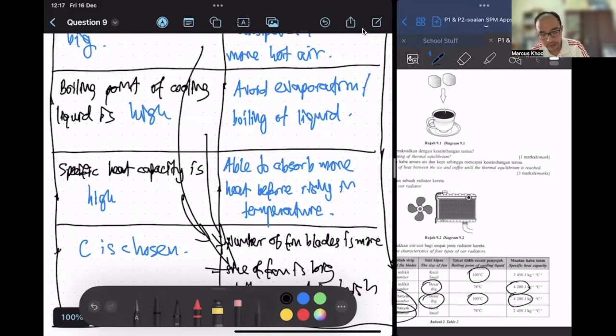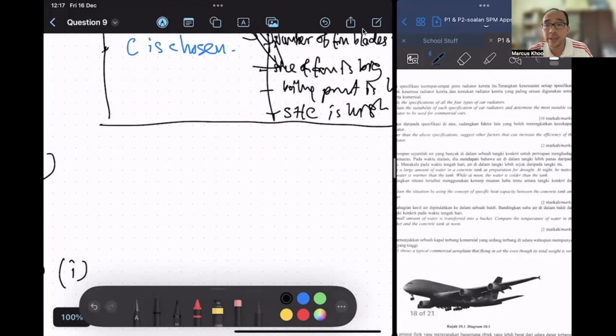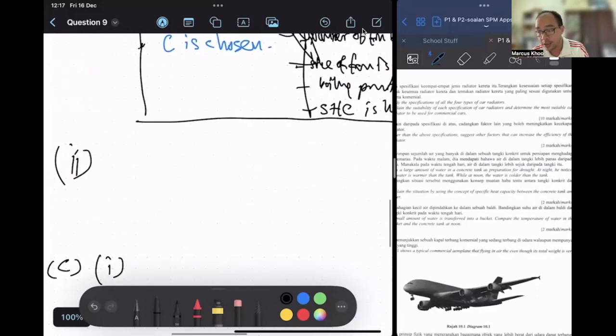Okay, let's carry on. The next question is, other than that, suggest another factor that can increase this. When I was researching for this, I found it funny that it says suggest other factors. I guess it suggests another modification or another suggestion. My answer will be to include a thermostat, which is usually what you find in cars.